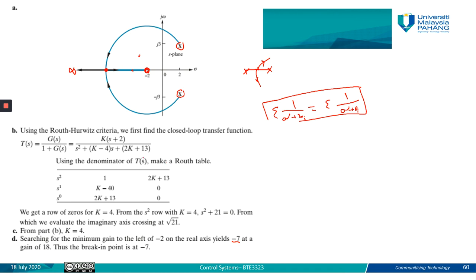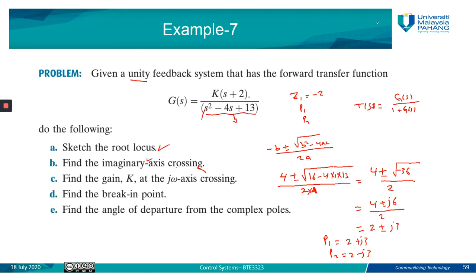Okay, so the value of the break-in point is -7. Then we need to find the angle of departure. Since we do have a complex pole, we have an angle of departure, and we do not have an angle of arrival because we do not have any complex zeros.